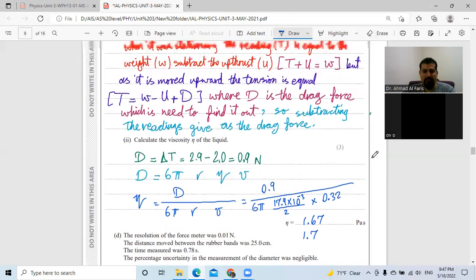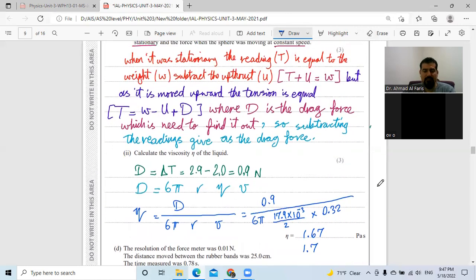Good. Is it clear? Yes, Ahmed, what's your question? Drag only exists when it's moving. Yes, we say that when the speed increases, air resistance increases. When there is motion, there is drag.